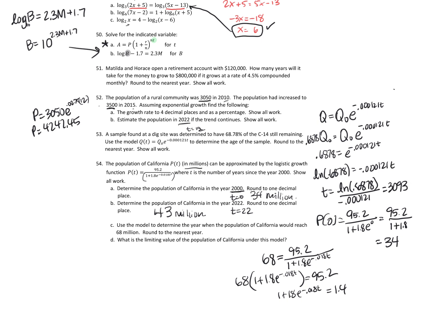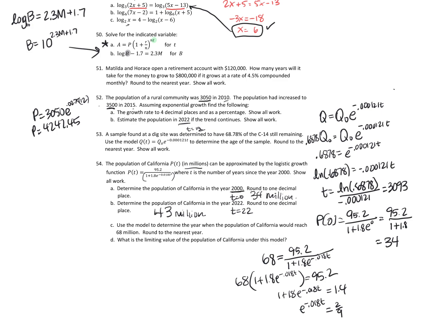Then I could subtract the 1 and divide by 1.8, and I'm going to get e to the negative 0.018 t is equal to 1.4 minus 1, and all of that divided by 1.8. That gives me 2/9 when I write it as a fraction. As a decimal, that's 0.22222. So you can just hit math frac, and then it gives it to you as a fraction.